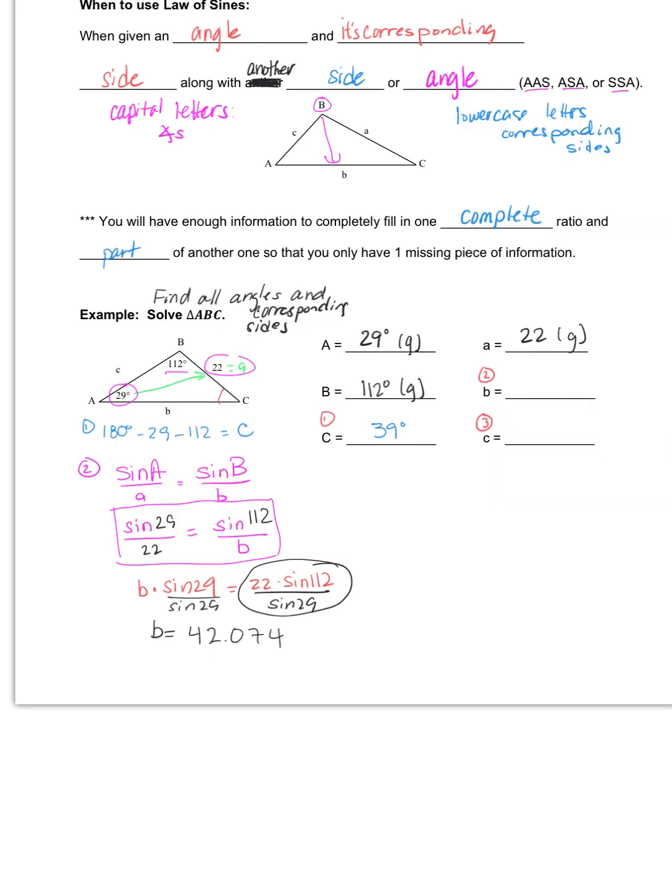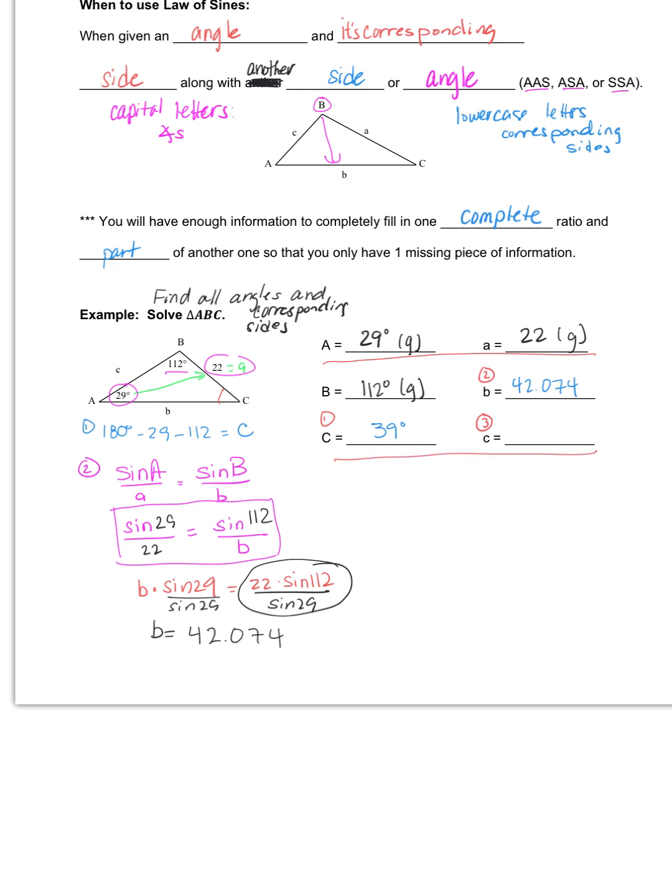Okay, so I'm going to put this here at B. Use a different color so I know what I did different. So this is 42.074. Okay, next I'm going to find little c, this side. So now I'm going to use my given. I've still used this, but this time I'm going to use these two.